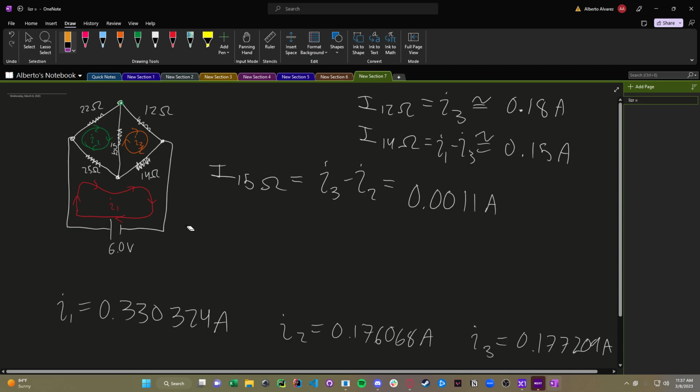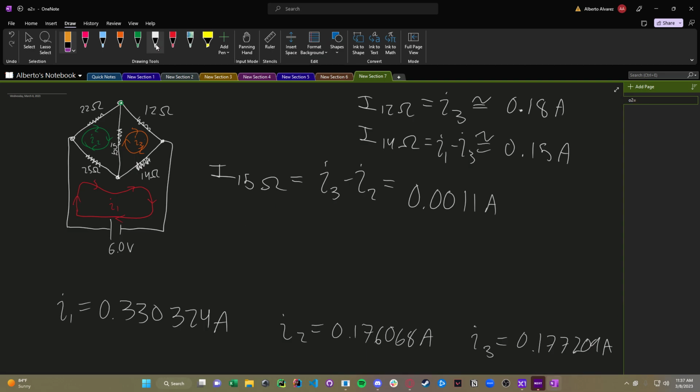Now for the 22 ohm resistor, I22, we'll go ahead and take a look at it, and hey, it's one of the nicer ones. It only has I2 going through it, right? So this is just equal to I2, and that's going to be roughly 0.18 amps. I'm rounding to two significant figures because that's what the problem wants us to do.